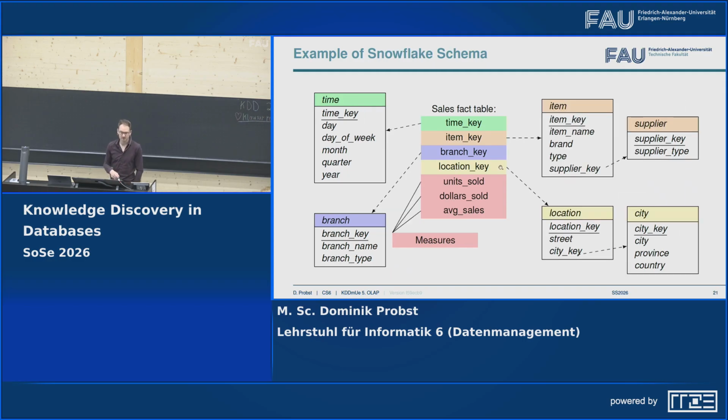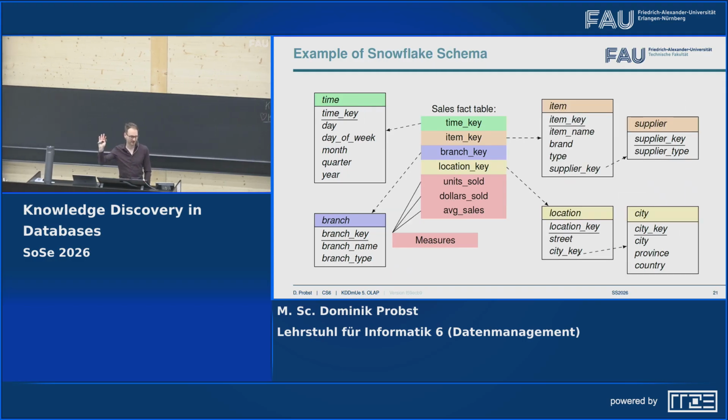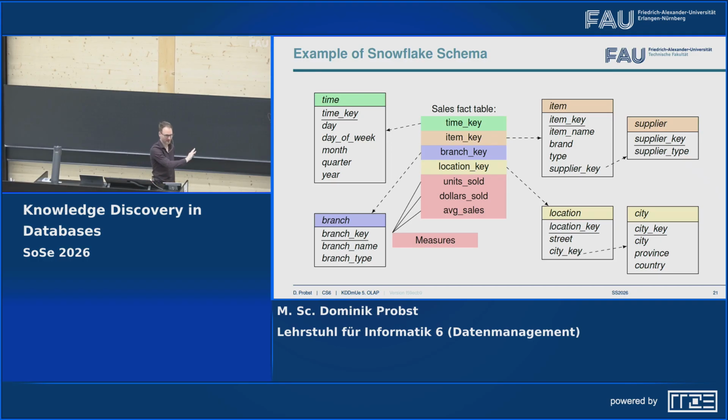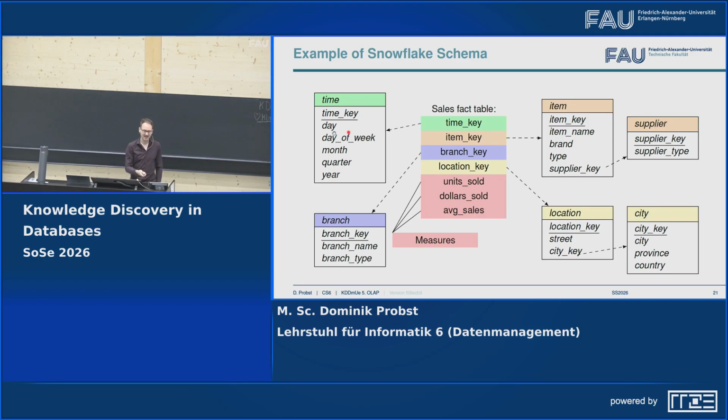Compared to that, and that's not a perfect snowflake schema, I have to admit, because we do not have enough space for that, because time would have to be normalized as well, branch would have to be normalized as well. It's just something to point out how it might look. We will have dimensions that are split into their granularities per table.